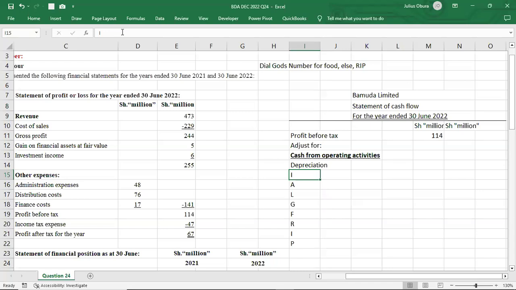That is, number one, amortization, and number two, impairment. So if we talk of depreciation, we need to think about both impairment and amortization. So the I is for impairment. And then the A is for amortization.